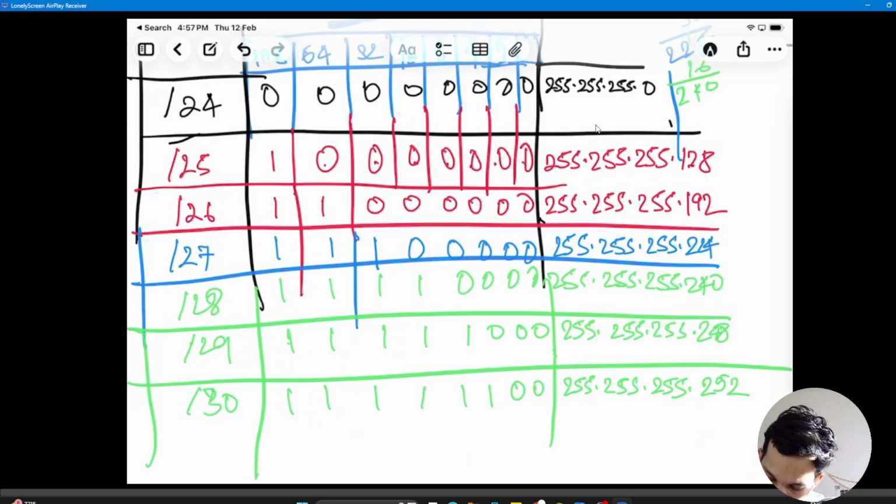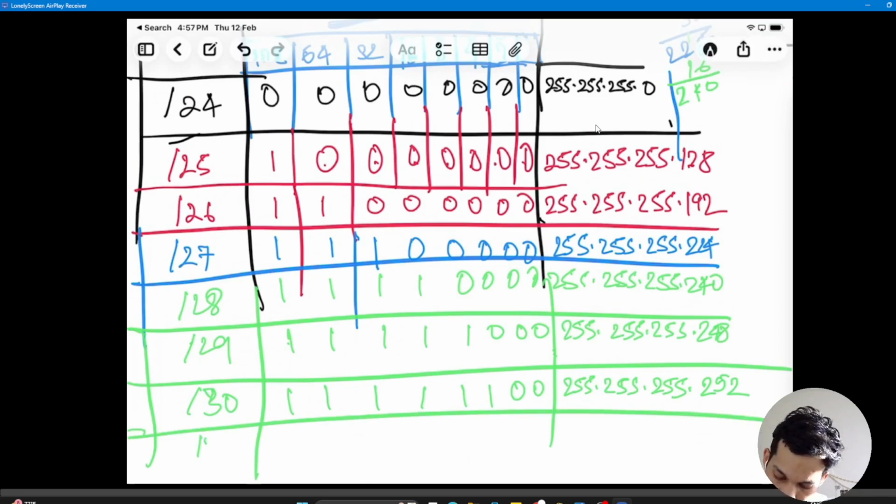So it is 255.255.255.252, and then /31. The first 31 bits are ones, the network part, and the last bit belongs to the host, so 255.255.255.254.